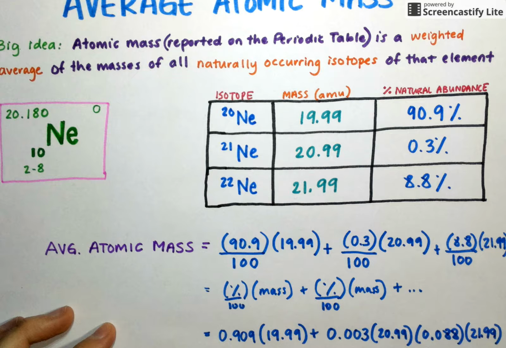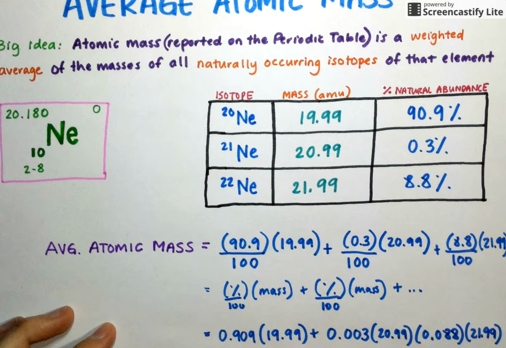Sometimes that'll be 2, sometimes it'll be 3, could be 5, you never know. So whatever they give you, that's going to be how many terms will be in your equation. And this percent, remember, is going to be out of 100. So I usually do this divided by 100 business so that I don't have to convert to decimals right away. But if you are asked to solve, that's exactly what you're going to end up doing, is just take a piece of that equation at a time.